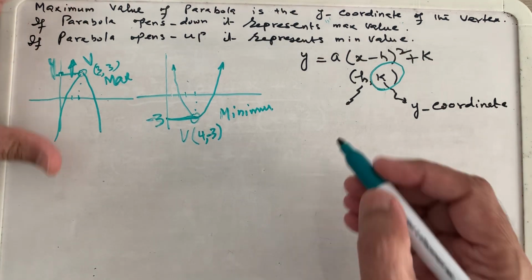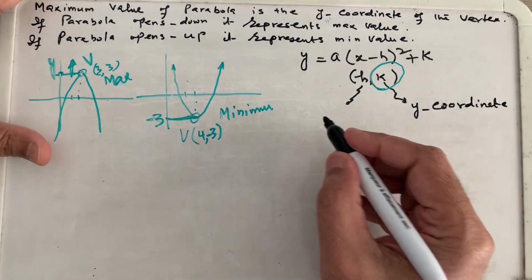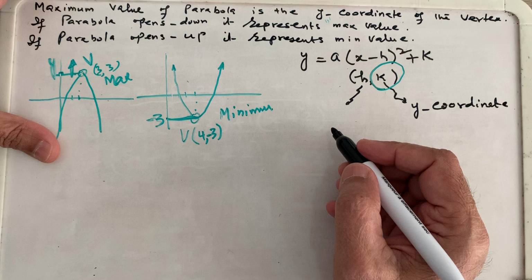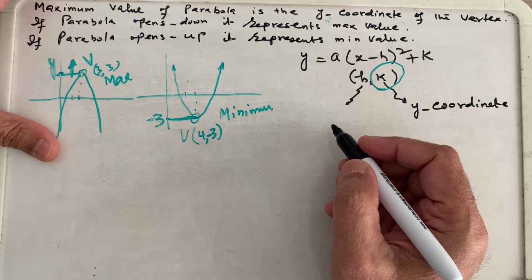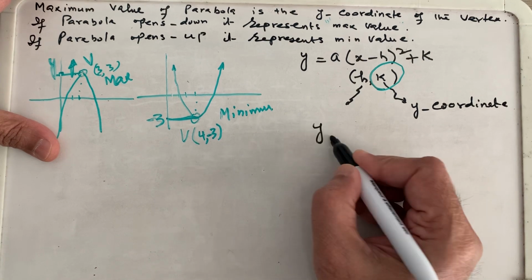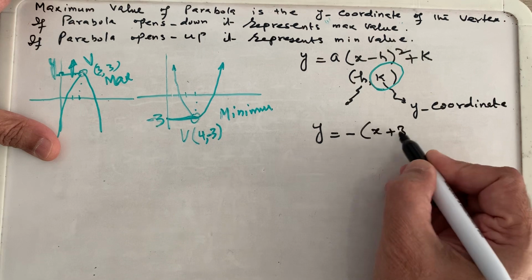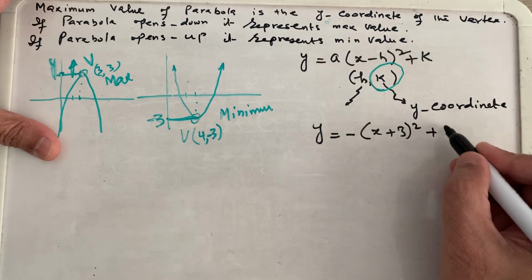If I have an example to solve, to find out or prove the minimum or maximum of an equation, what we need to see is, let's say the equation is y equals minus (x plus 3) whole squared plus 4.